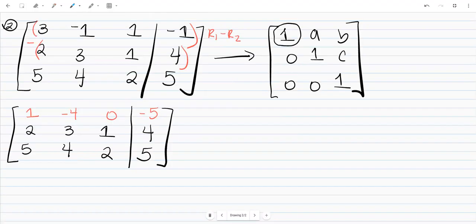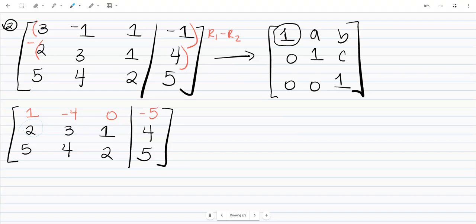After calculating my new row 1, I can now try to manipulate my second row. I want to turn this 2 into a 0 and this 3 into a 1. But typically, I would recommend sticking with one column at a time, getting a 1 in your first row and getting zeros below it. So I need to turn this 2 into a 0.